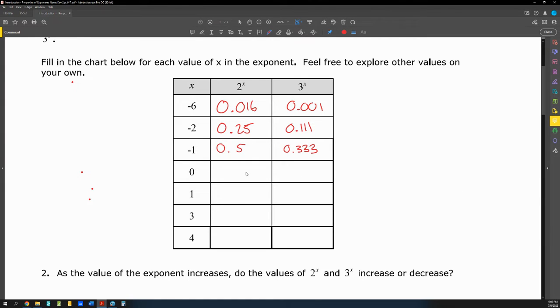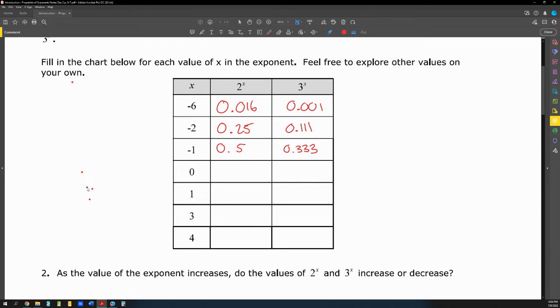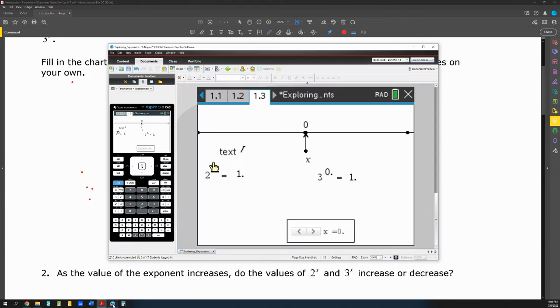All right. Evaluating x equals 0, so 2 to the 0 is equal to 1. Likewise, so is 3 to the 0, equal to 1. If we plug in 1, well, now we're back into positive exponents. We should actually be able to evaluate these on our own. 2 to the 1 is 2. 3 to the 1 is 3.